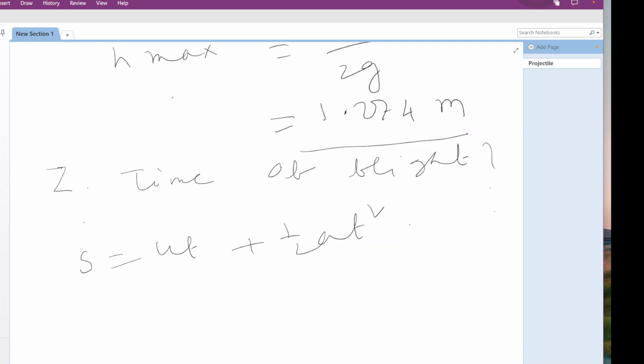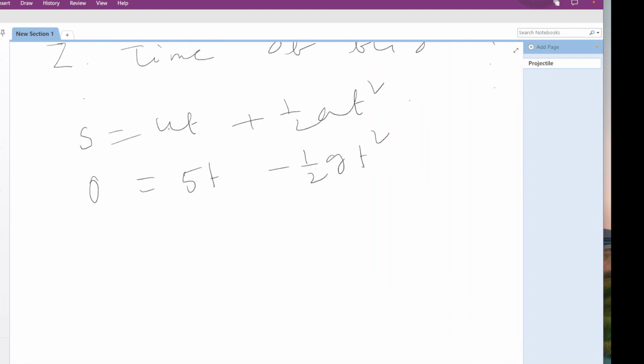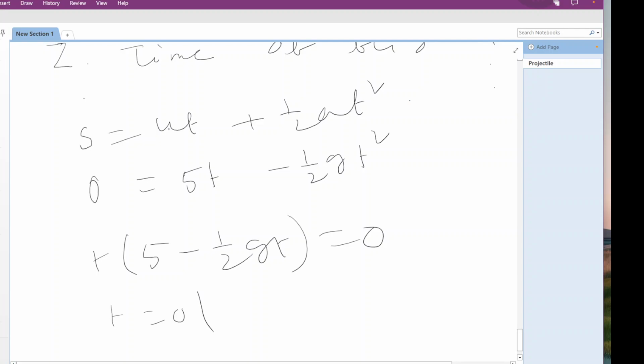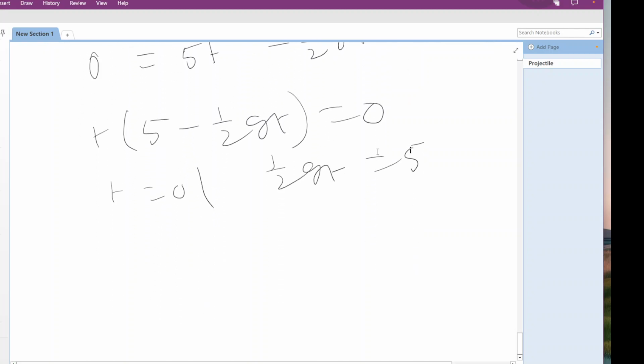In this case, displacement is 0 and initial velocity is 5, minus half g t square, and solve the equation. 5 minus half g t equals 0, so t equals 0, or half g t equals 5, and t equals 10 by g.